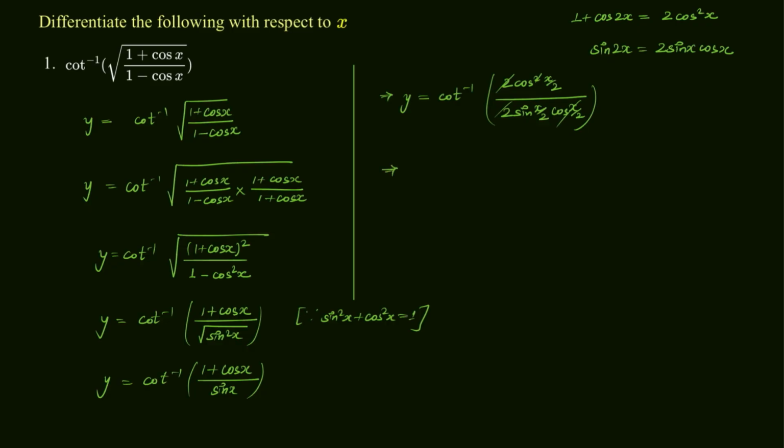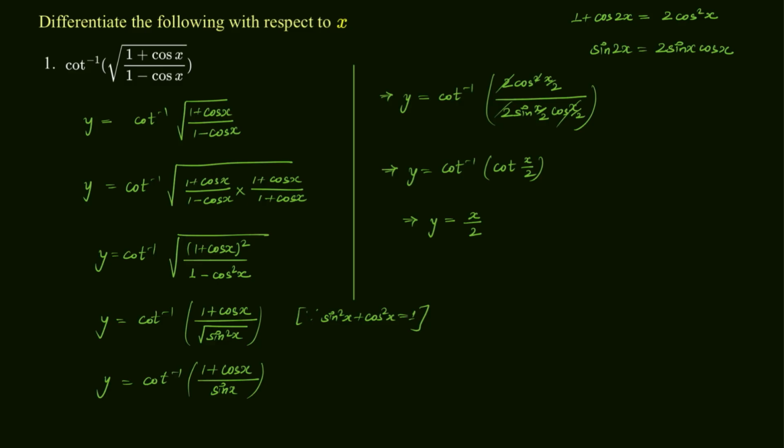So then we will have y equals cot inverse of, see, inside the bracket we have cos x by 2 over sin x by 2, and cos by sin is cot x by 2. So this implies y equals cot inverse of cot x by 2, which is simply x by 2. See, up to here we just simplified the given function.